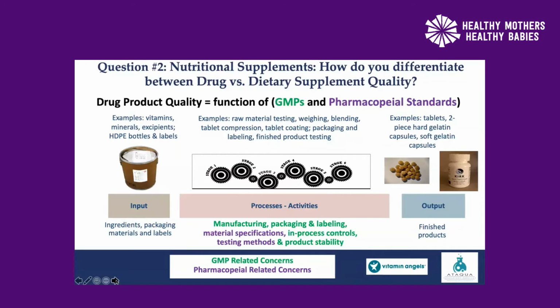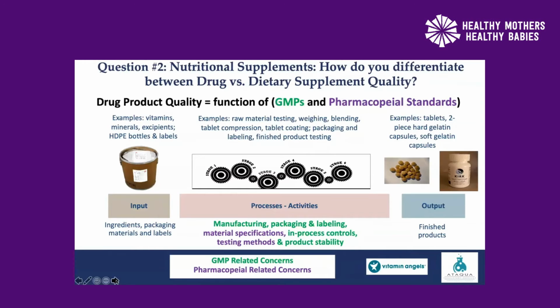Product quality standards exist for both drugs, dietary supplements, and foods. Drug product and dietary supplement standards are addressed by pharmacopeal standards such as the United States Pharmacopoeia, the European Pharmacopoeia, and the International Pharmacopoeia. Food quality compendial standards are published in Codex Alimentarius and in the Food Chemical Codex, or FCC.